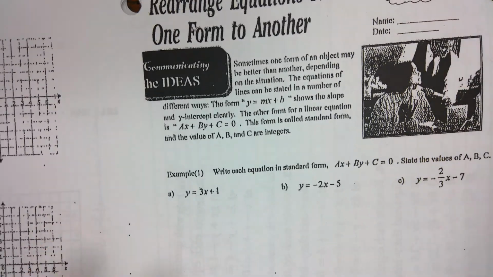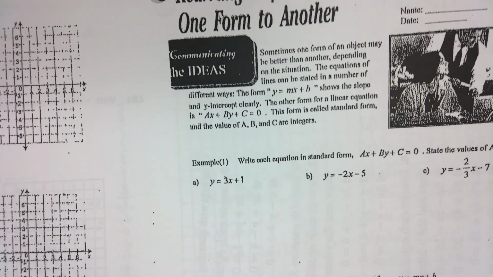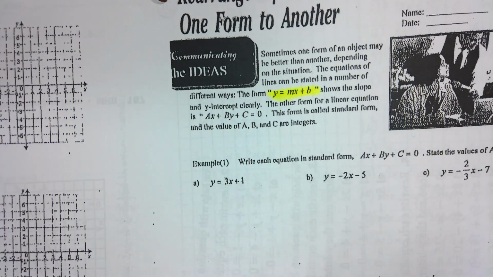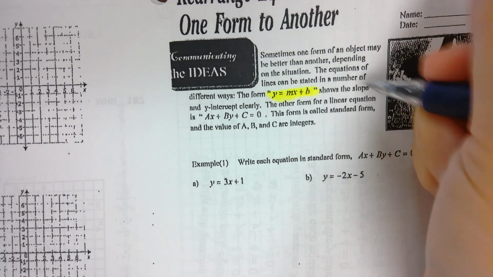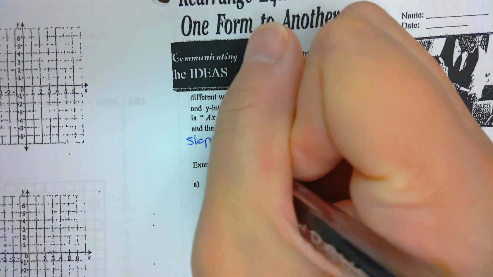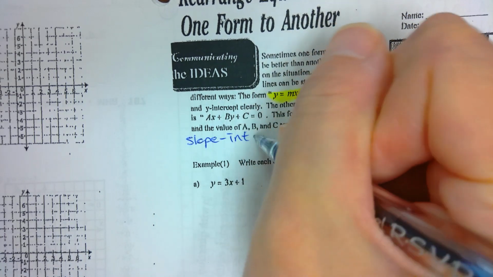So the first form is, as we said, y equals mx plus b, and this one is called the slope intercept form.